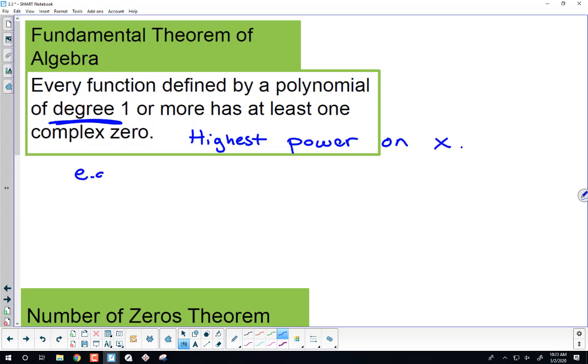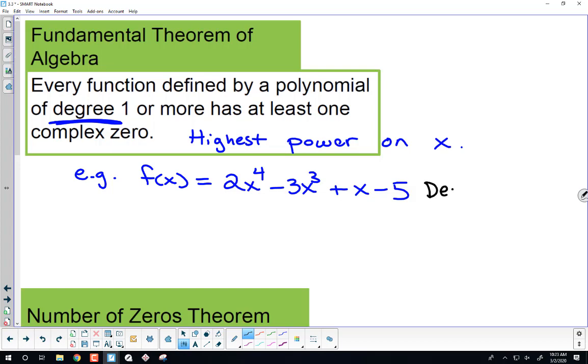So like for example, if we had a function that were 2x to the fourth minus 3x cubed plus x minus 5, in order to determine what the degree is, we just look at the highest power on x, which is 4. So this polynomial here is a degree 4.